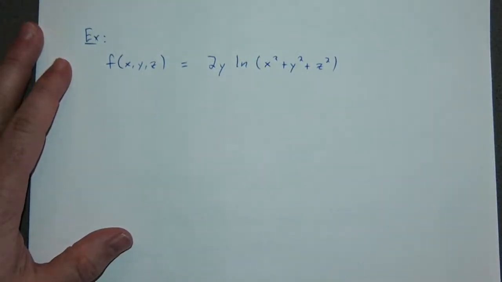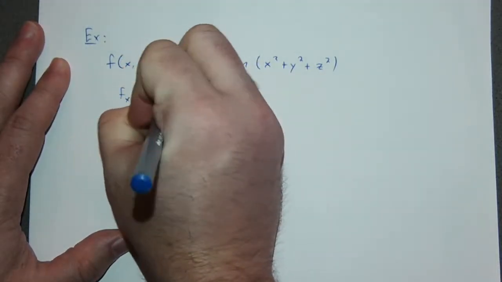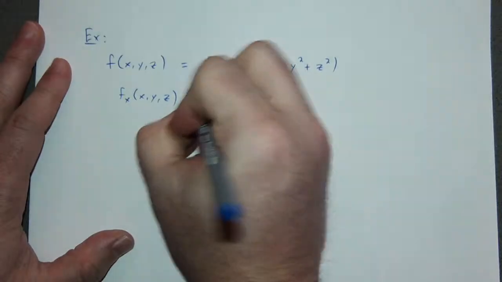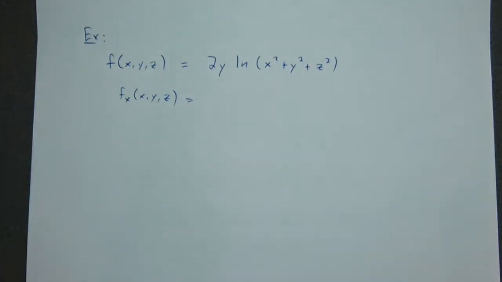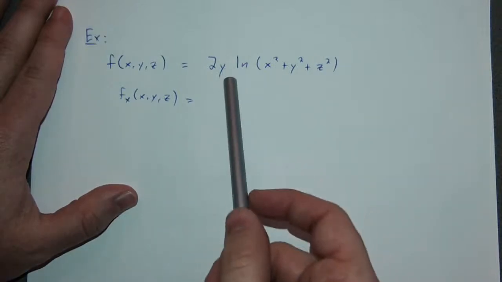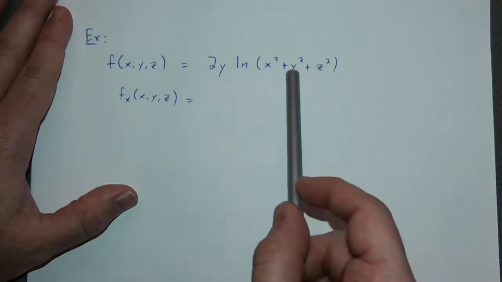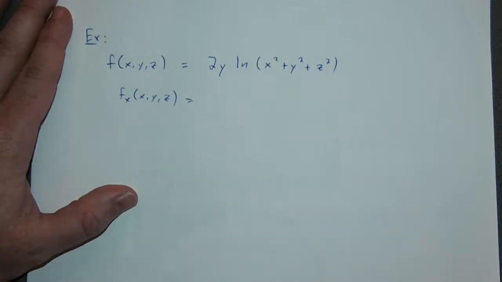So, how do I take these derivatives? What's the x partial here? Well, with respect to x, this is not a product, and so really this is just 2 times y, which I'm treating as a constant, times natural log of x squared plus y squared plus z squared. So really I'm taking the derivative of the natural log of x squared plus y squared plus z squared, treating y and z as constants.